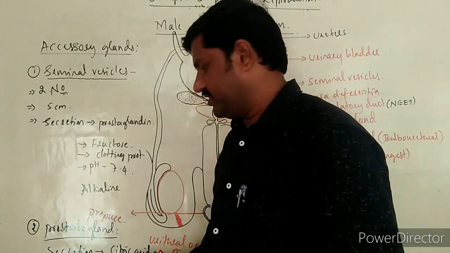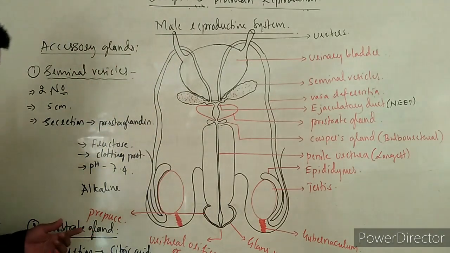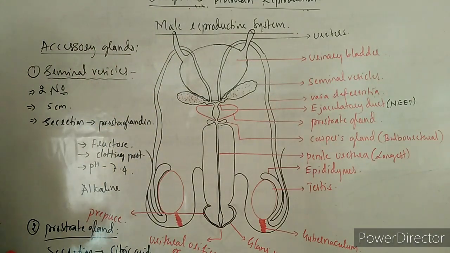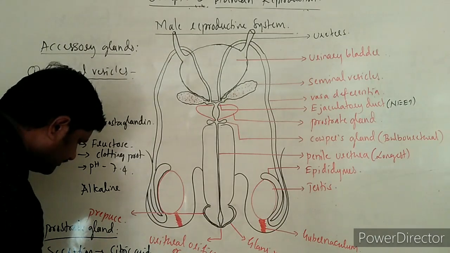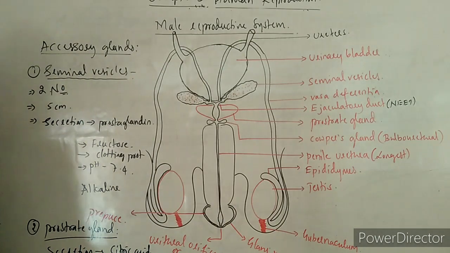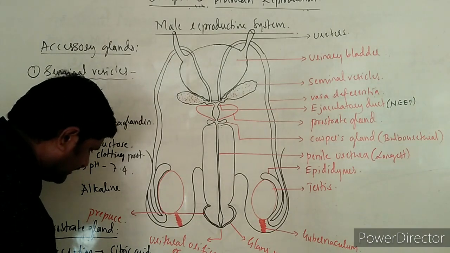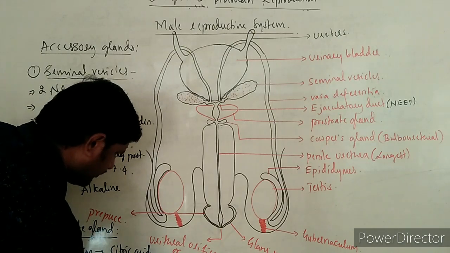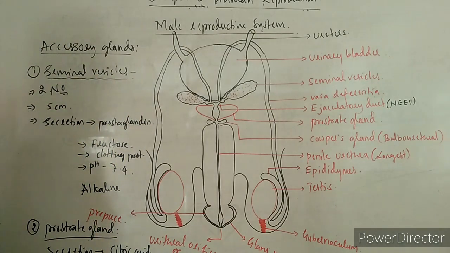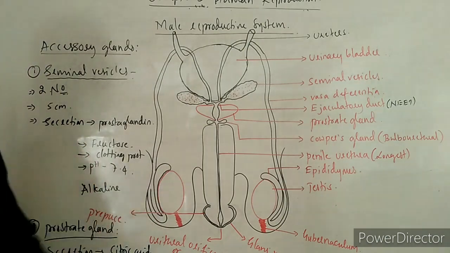This is a very important point to be noted in the case of the prostate gland. Along with this, the pH of the fluid secreted by the prostate gland is a little acidic in nature, about 6.5.